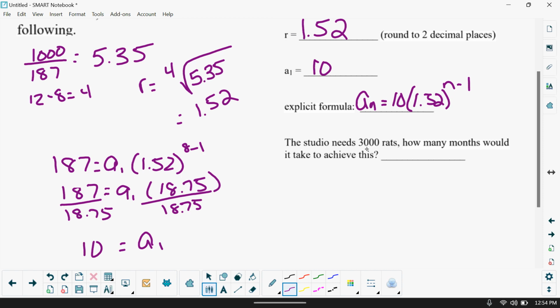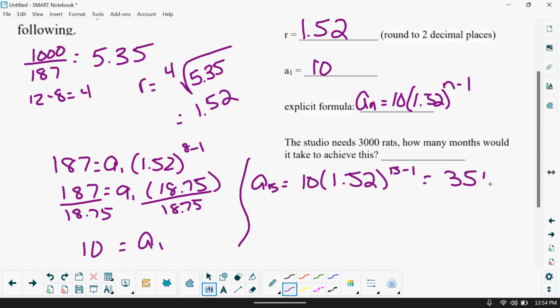Studio needs 3,000 rats. How many months? This is where we're going to do a guess and check. If it took us 1,000, we need 3,000. I'm going to try a 15. So I'm going to type this into my calculator. So 10 times 1.52 raised to the 14. Woo! 3514. We got way too many.